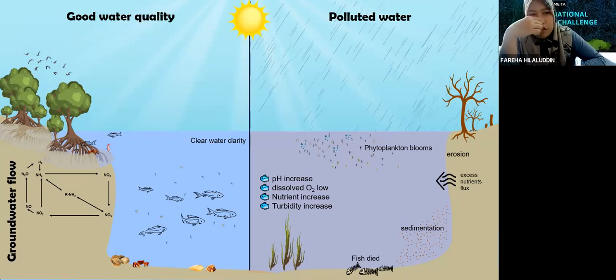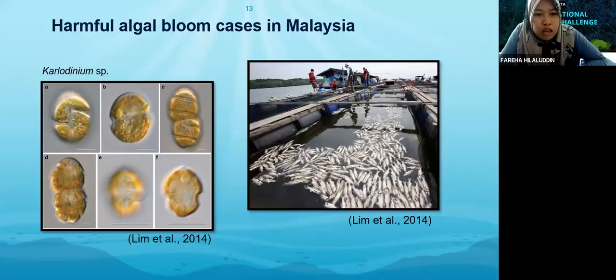This is one of the harmful algal bloom cases in Malaysia, which happened in Johor. What happened when the water quality became worse? The specific species which bring toxins harmful to the environment will increase, will bloom and cause fish kills.